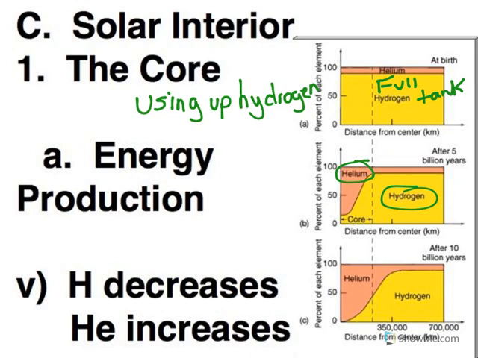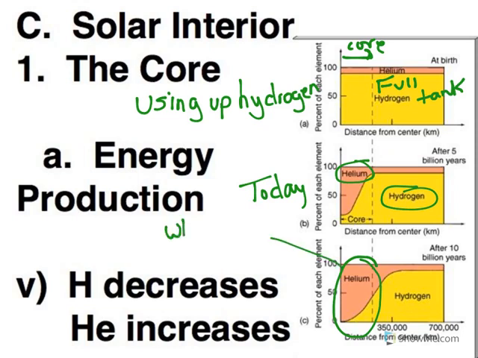This is roughly where we are today. And here we're looking at this region inside the dotted line, which is the core. So when we get to the point where essentially we have no hydrogen left, when the hydrogen runs out, that's when the sun dies.